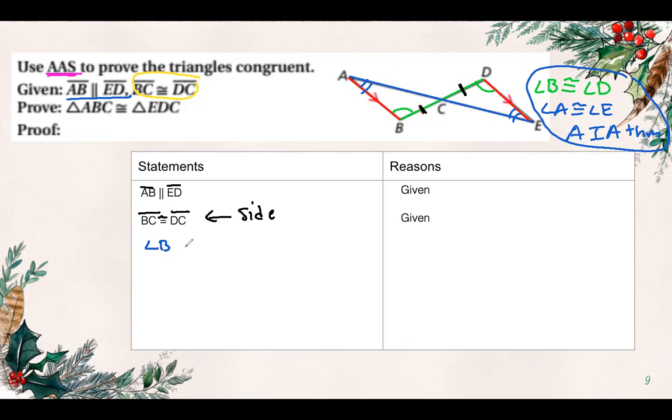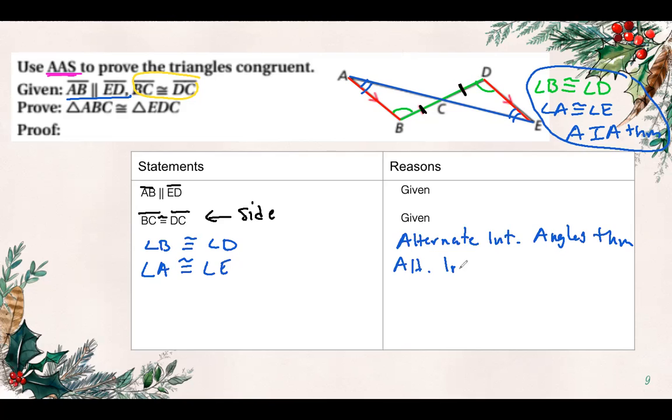So angle B is congruent to angle D by the alternate interior angles theorem. And the same is true for angle A is congruent to angle E because of the same thing, the alternate interior angles theorem.